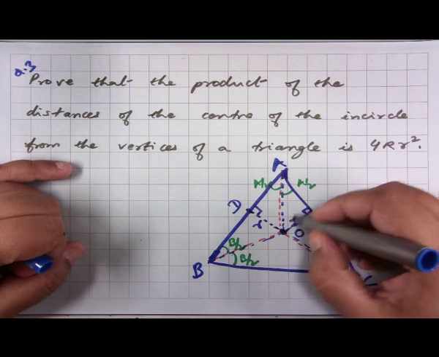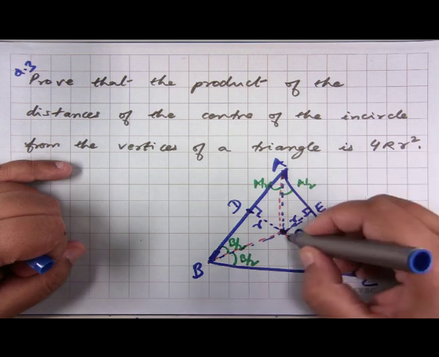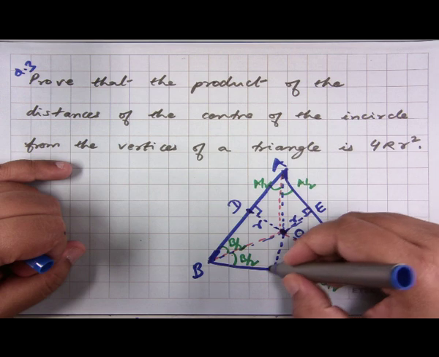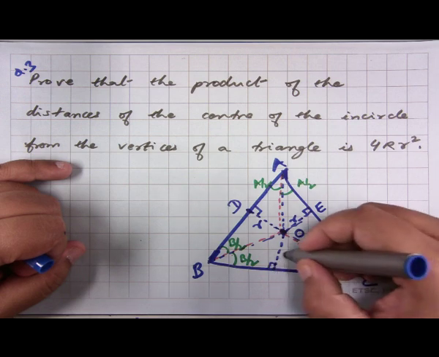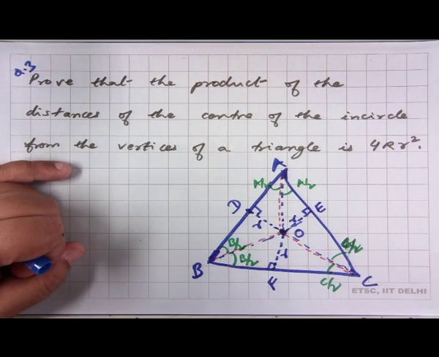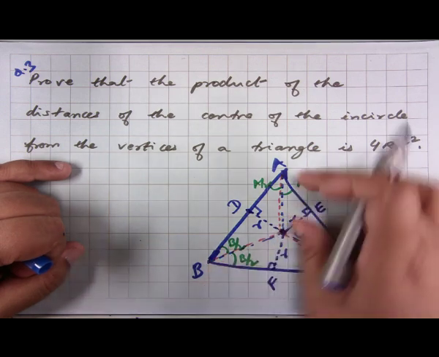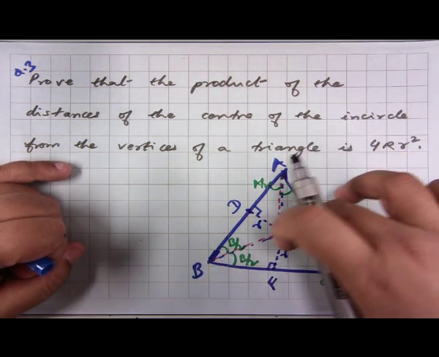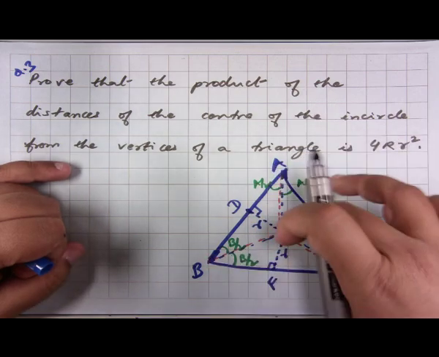So, this is also r. This is also r. But then these distances need not be equal.